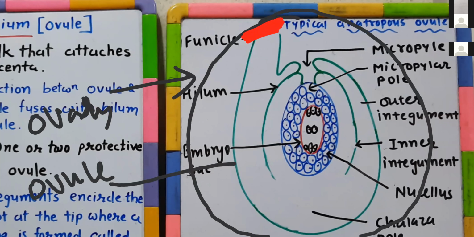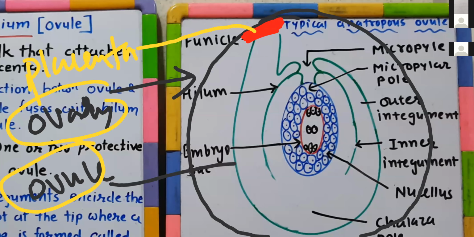This is your placenta. So you can see that your ovule remains attached to the ovary by the cushion-like tissue named placenta.